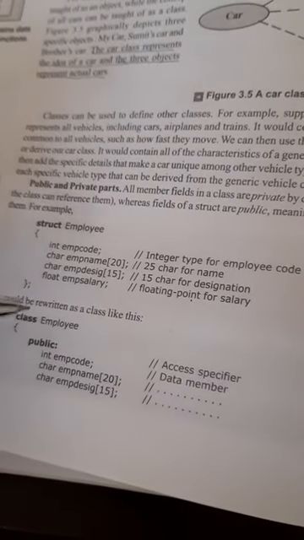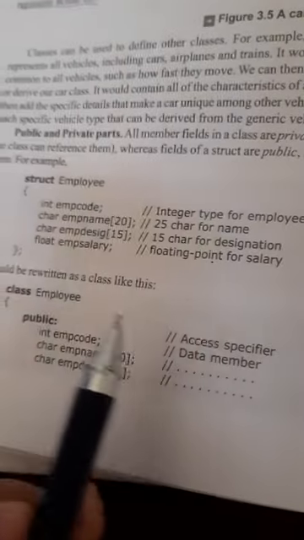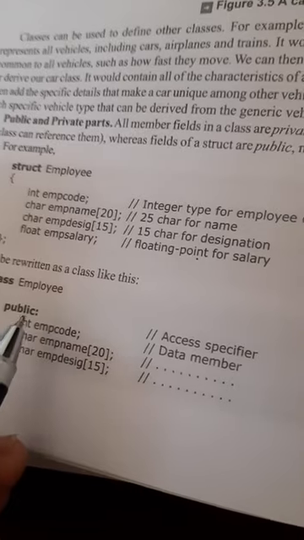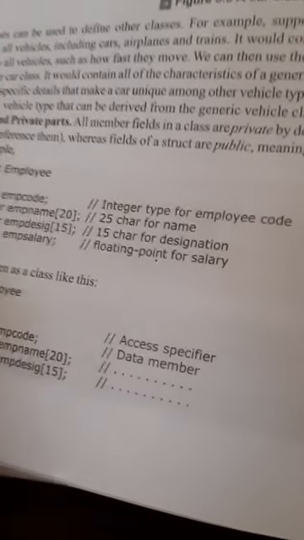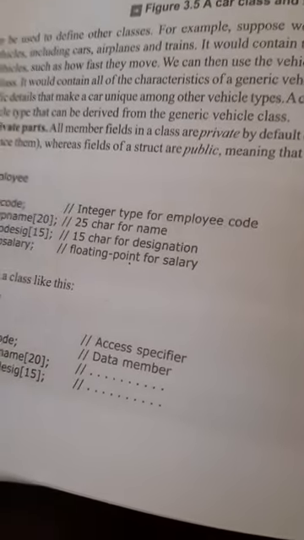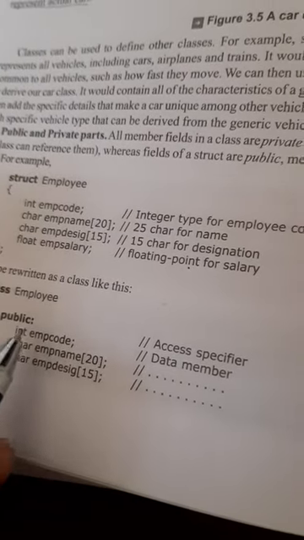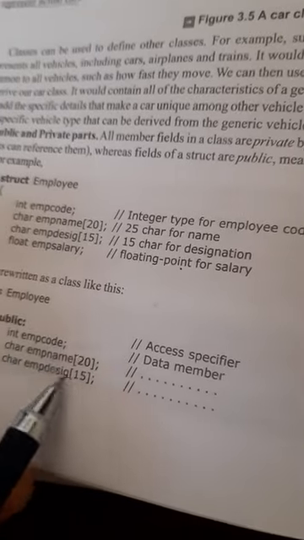The new addition in classes and objects, the main ones, were these access specifiers. Depending on these access specifiers, public, private, protected, users or programs had access to these data members.